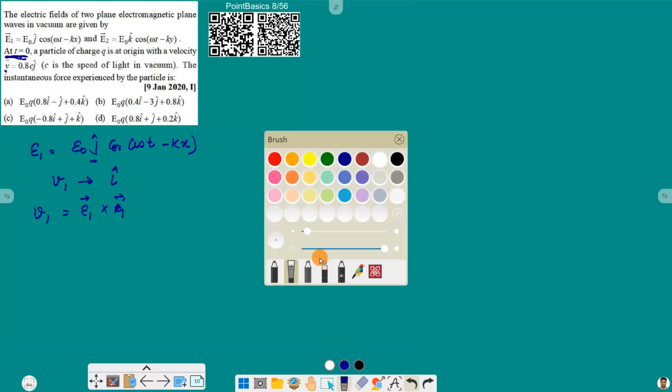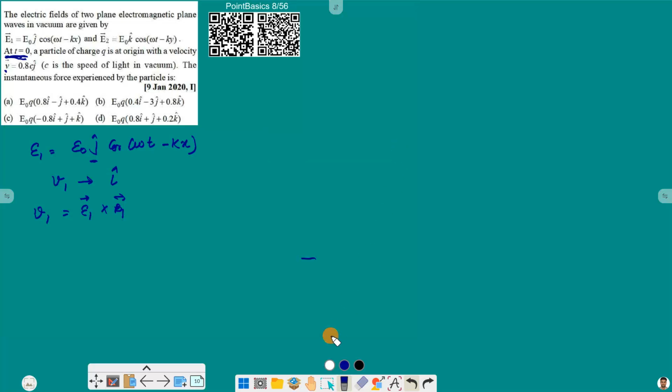So let me adjust the thickness slightly so that I can write better. Here V1 is along I, E1 is along J, so B1 has to be along K because J cross K is I. So the magnetic field B1 is along K.